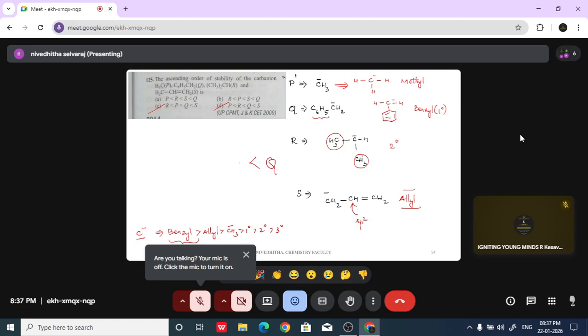Next, this is methyl and this is secondary. Among methyl and secondary, the most stable one is methyl. So it is P. And least stable is your R. So the answer is second option.